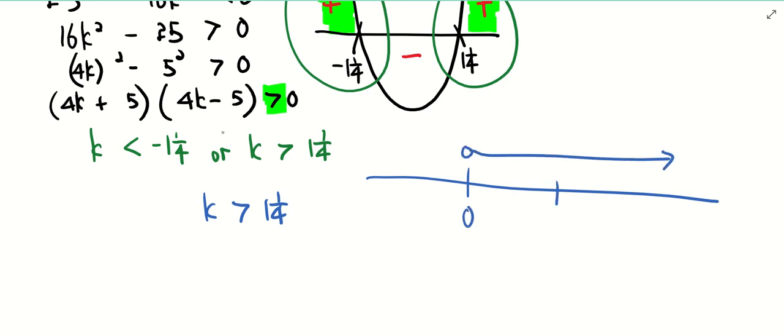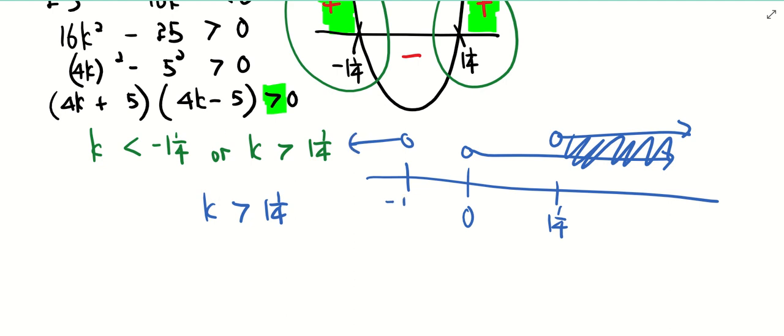But k must also be greater than 1 1/4. The overlapping one is over here. Okay? Of course, you can draw backwards, but there's no overlap for negative 1 1/4. Can you see that now? So I only write the final answer, k is greater than 1 1/4. Alright? Because of the condition, it must be a U-shaped curve.